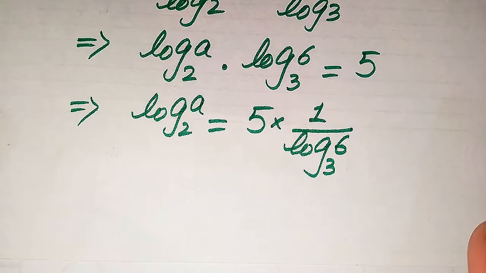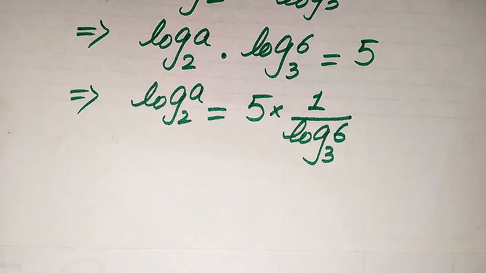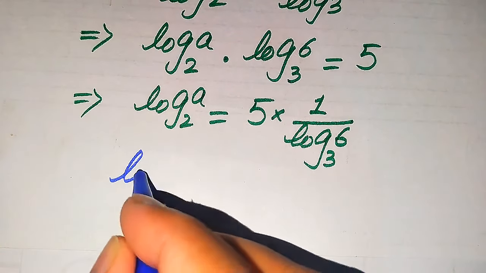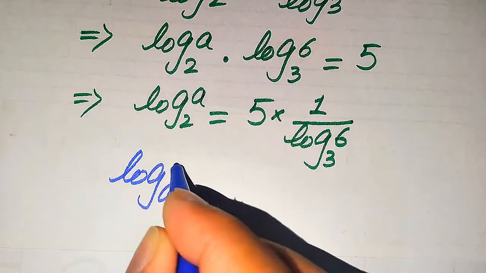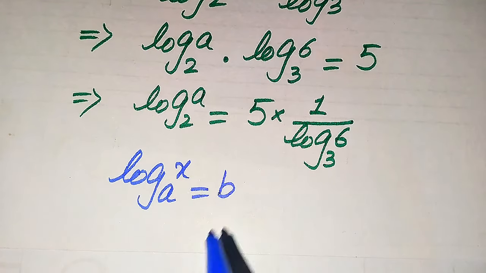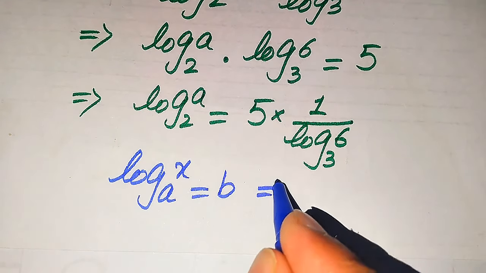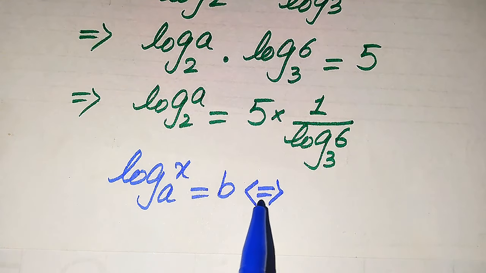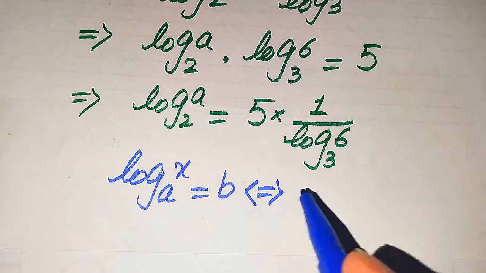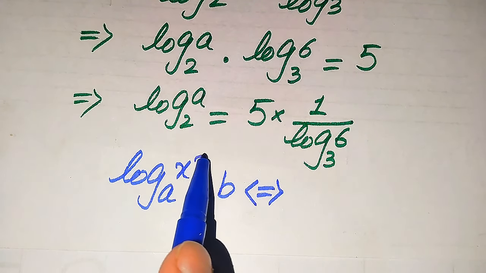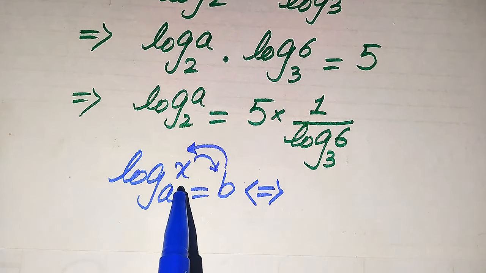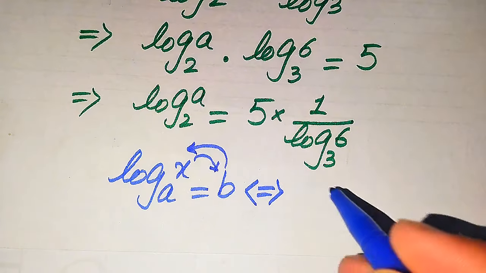Further in the next step we need to use the definition of logarithm, and you know that if we have log of x with base a is equal to b, then by the definition of log, this implies, if and only if, that a to the power of b is equal to x. We move x in the place of b, and b in the place of x, and we remove this logarithm sign.